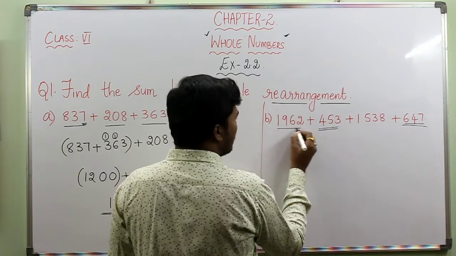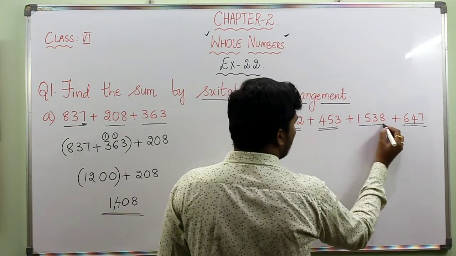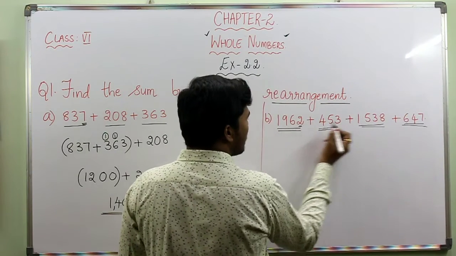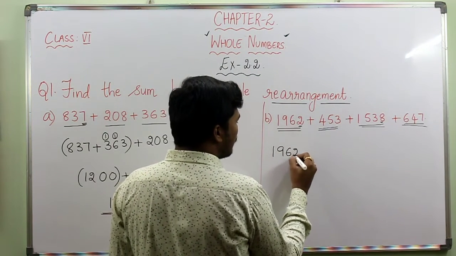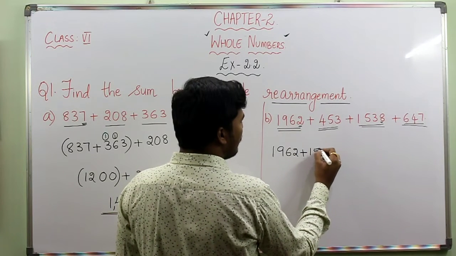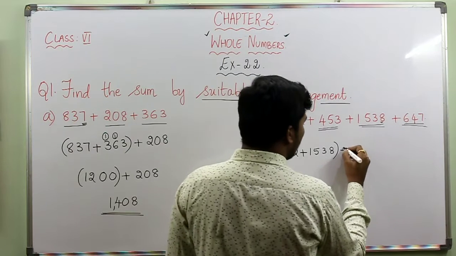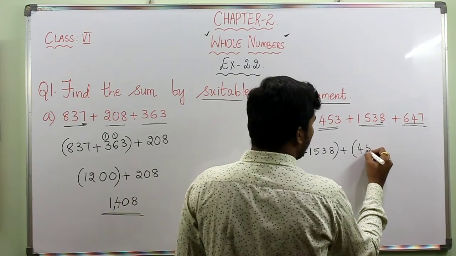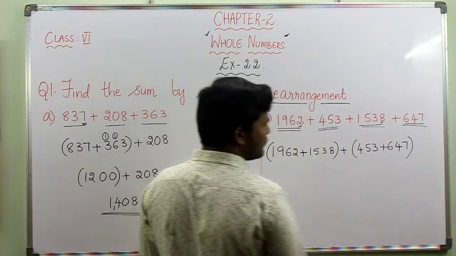And similarly, 1962 plus 1538. Here also in the ones place, I am getting the sum as 10. So I am taking 1962 plus 1538 as one pair, plus 453 plus 647.